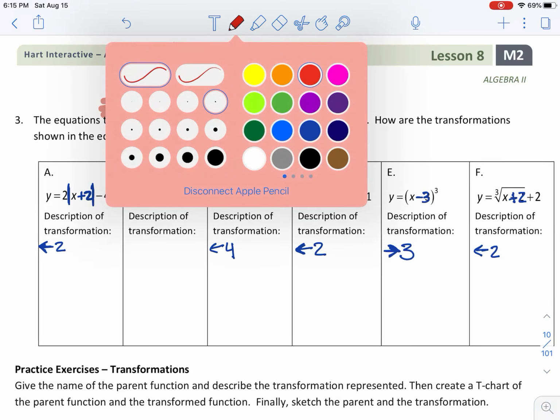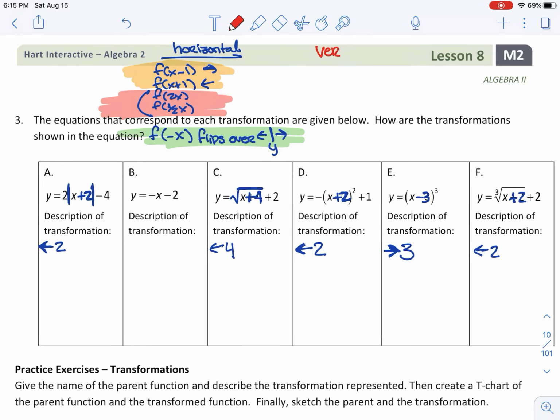So, now we need to write down vertical shifts, or vertical transformations. That is the f of x minus 1, f of x plus 1, 2 f of x, 1/2 f of x, and negative f of x.